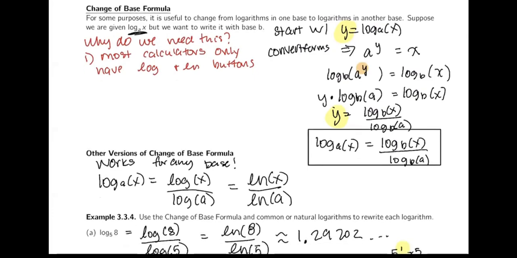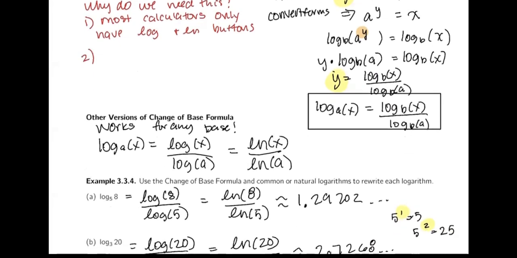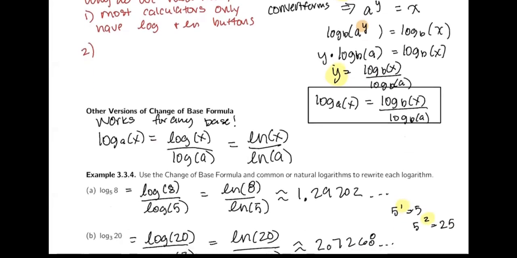The other reason why I think this is really cool is a little bit more complicated. Let me think about this equation right here. If I think about log base A of x, that's equal to log of x divided by log of A. Well, log of A is just a number, right?